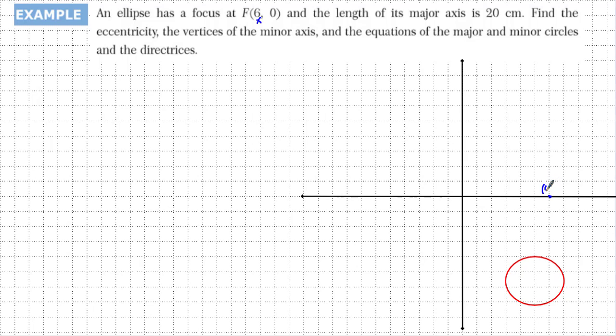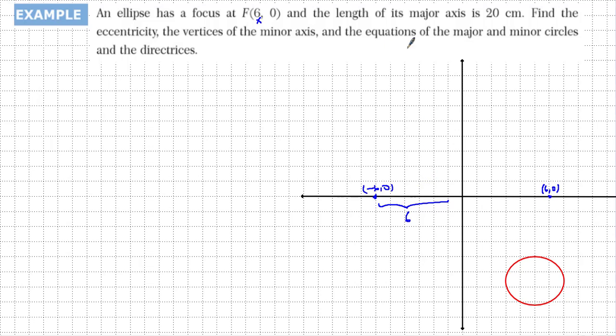It means the longer side will lie on the x-axis, because the foci are on the x-axis. The other focus should be symmetric to this one, which is (-6, 0), and it's going to be here.